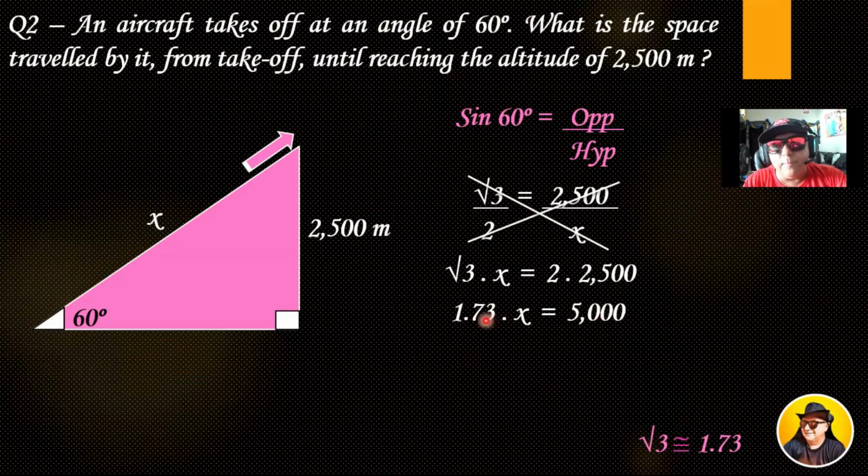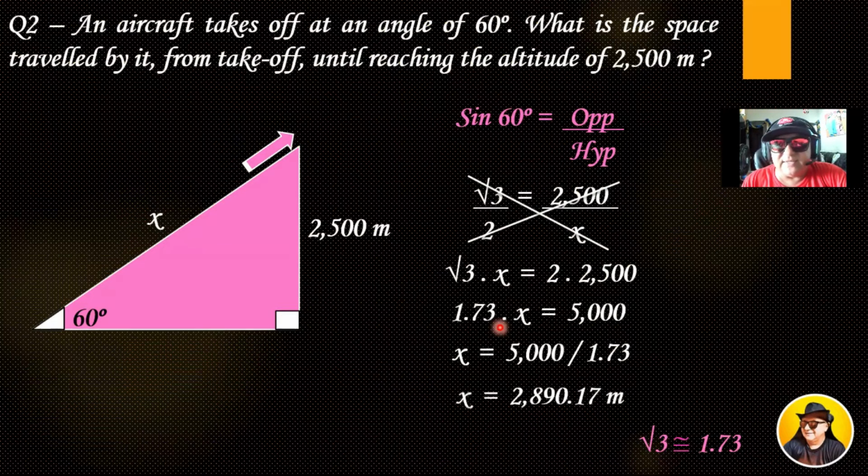Now 1.73 is multiplying, so it goes to the right side of the equation, dividing, because of the reverse operations, remember? So x is 5,000 divided by 1.73, and dividing it, we have that x is 2,890.17 meters. So this is the answer of word problem question 2.